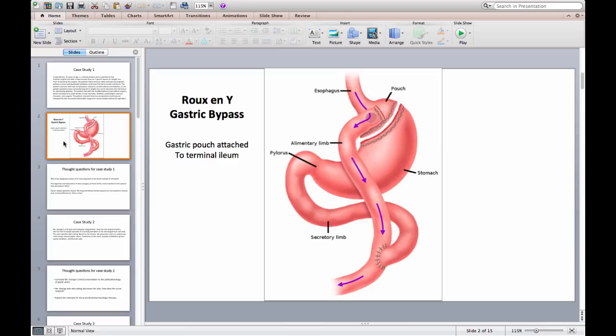But it's actually why the bypassed portion remains in the abdomen and stays attached, because you will still get bile secretion, you will still get lipase secretion.